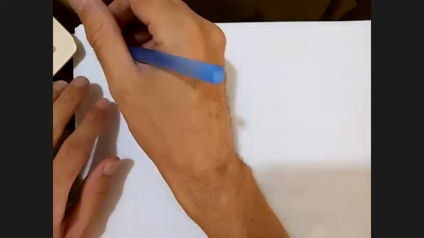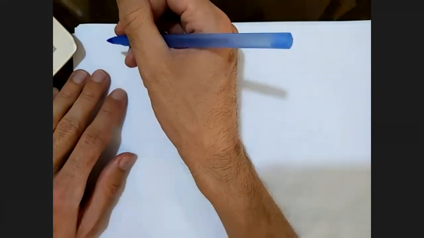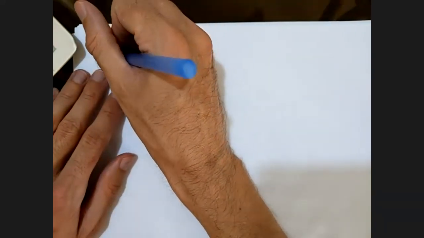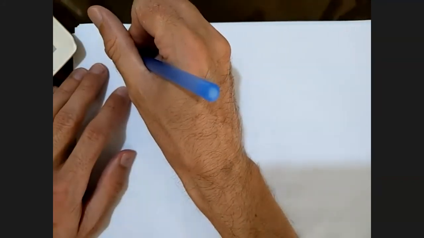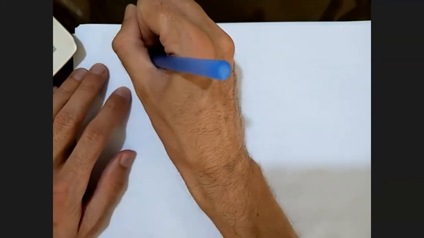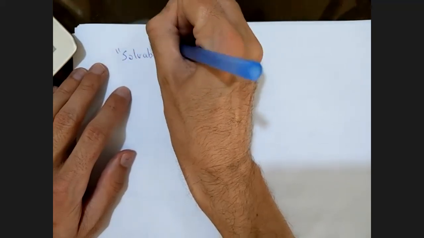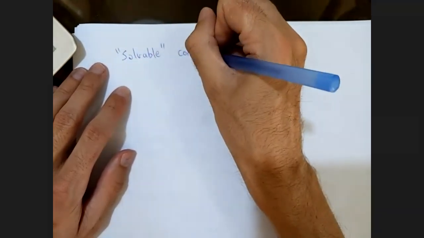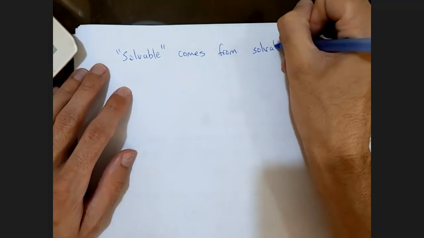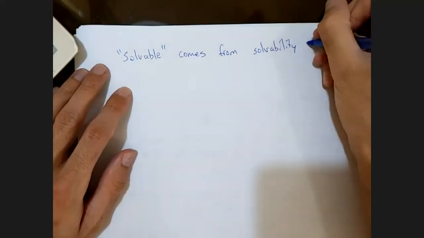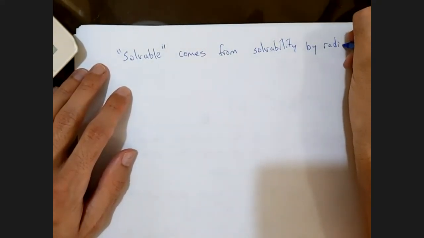Okay, so let me just make a quick note of where the term solvable comes from. Solvable comes from solvability by radicals.